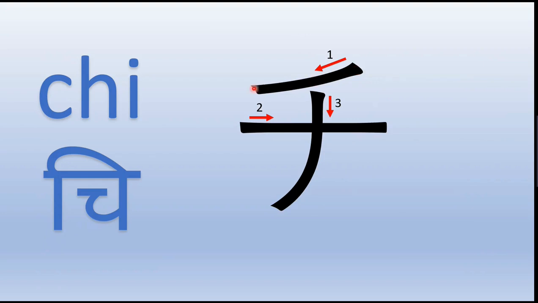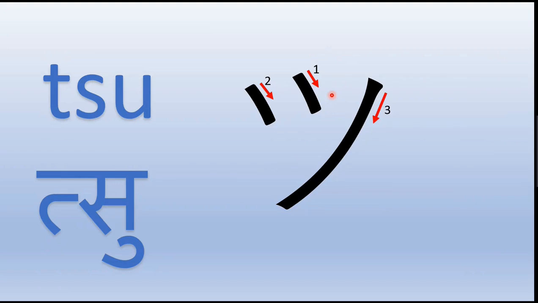This needs to be carefully understood that it will not be from left to right, but from right to left in this direction. The second stroke will be a horizontal stroke like this, and the third stroke will be a vertical stroke like this. And this needs to be carefully observed that strokes 1 and 3 don't touch each other.